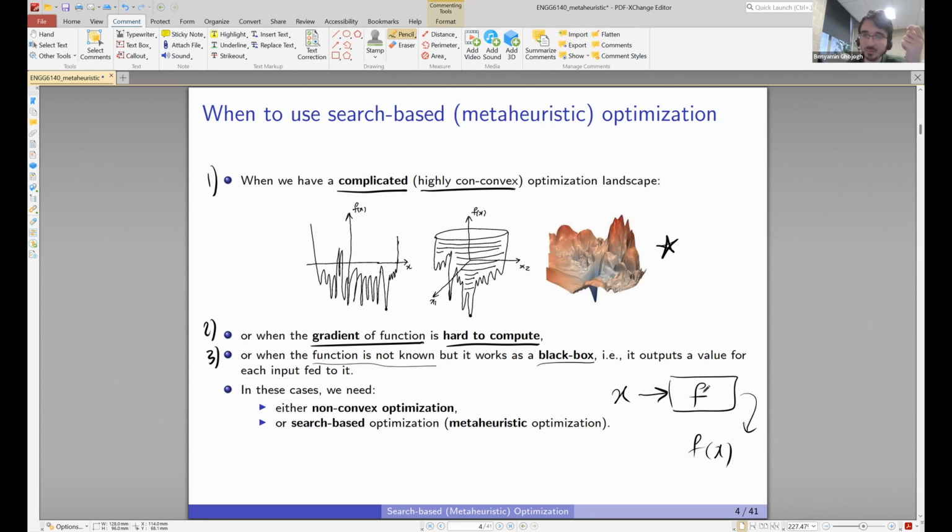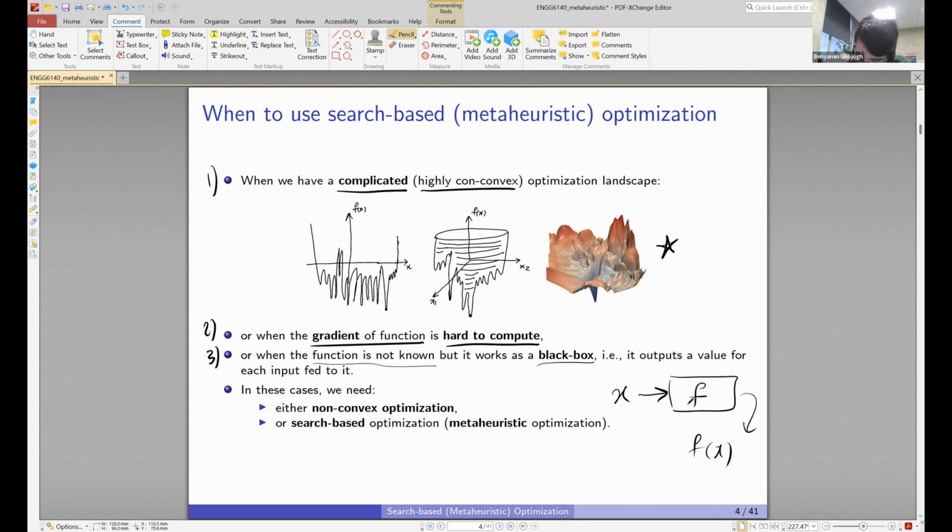It gets some input and outputs some output for the corresponding input. So in this case also, we don't have the function itself to minimize or maximize. We can't calculate the gradient, of course, because when you don't have the implementation of the function, you can't calculate the gradient either.